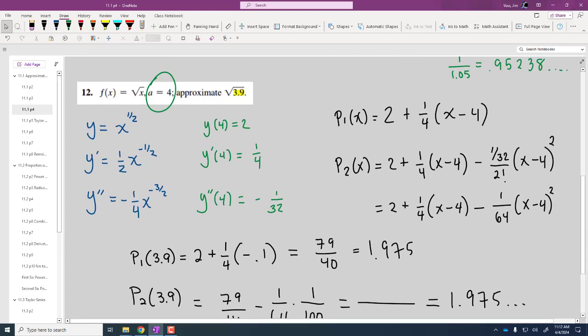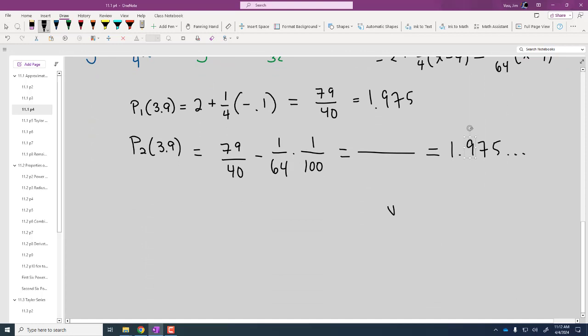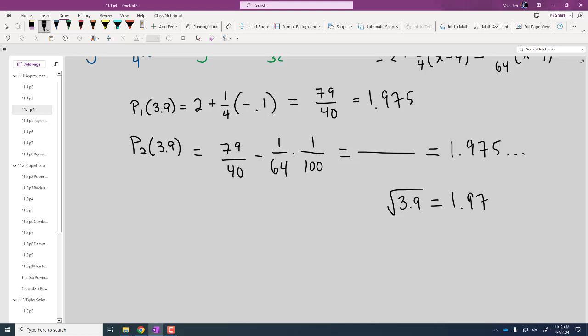And the original was square root, so what about the square root of 3.9? What do you get when you put that in? I have the fractions, 12639 over 6400, and 1.9748. So very close. Yeah, super close.